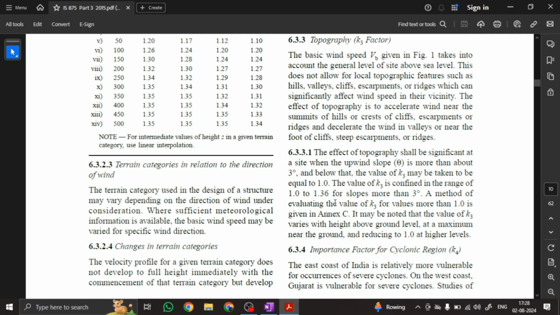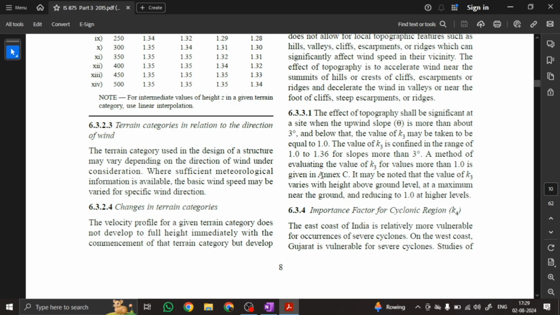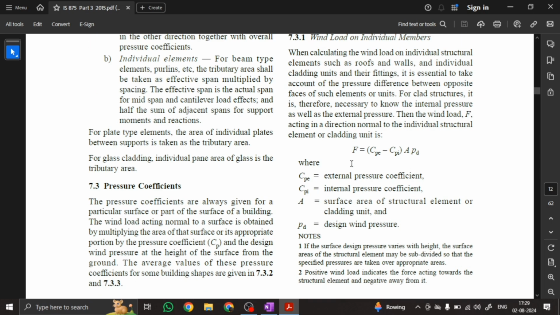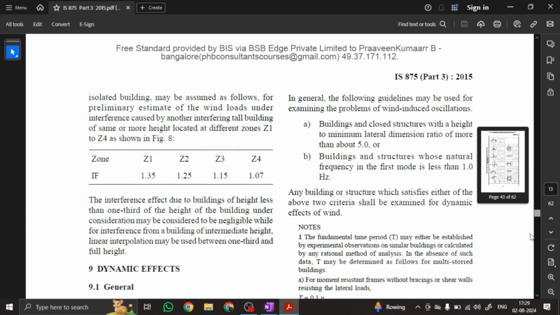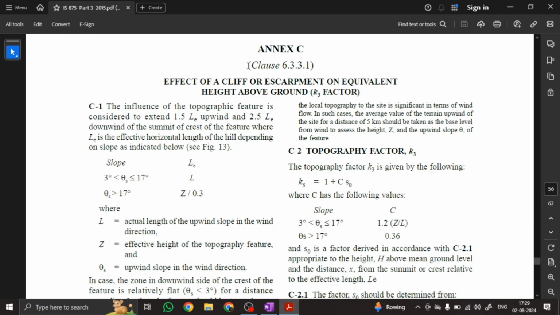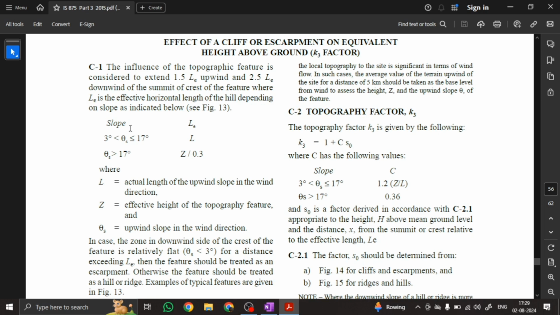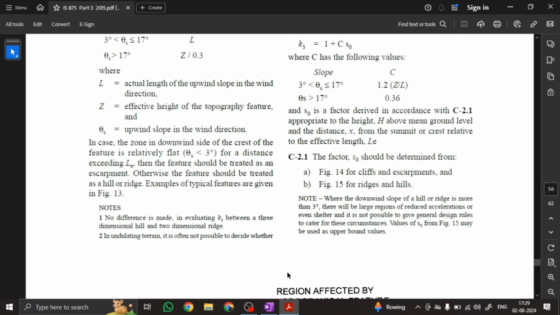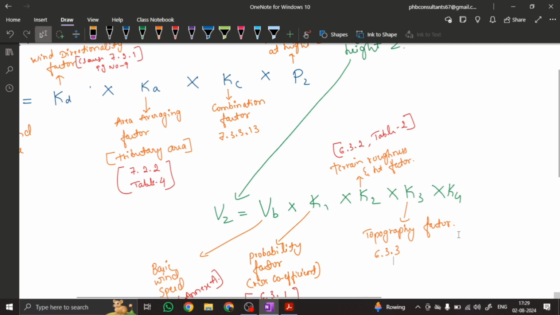For more information, it is saying to use Annex C. Where is Annex C? It is present at the end. See here, this is Annex C. For more information, you can use this Annex C also for K3. So in K3 what we are doing?